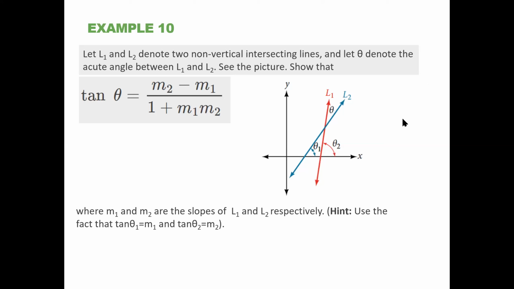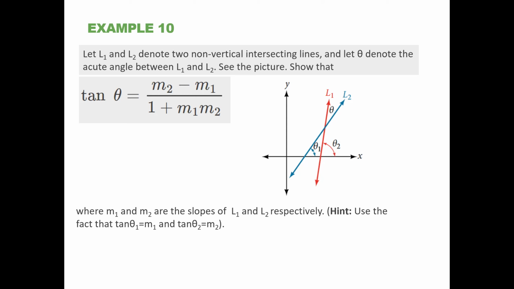See the picture. Show that tangent theta is m2 minus m1, where m2 is the slope of line 2, and m1 is the slope of line 1, divided by 1 plus the product of m1 and m2.